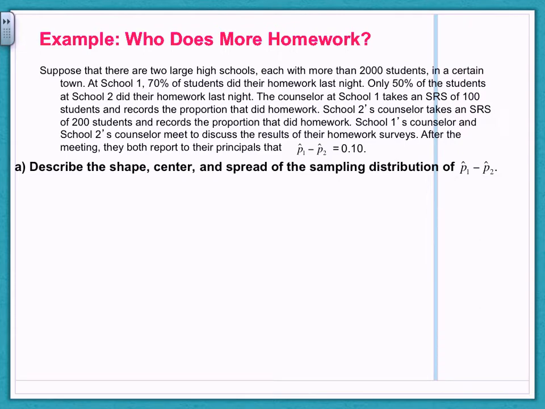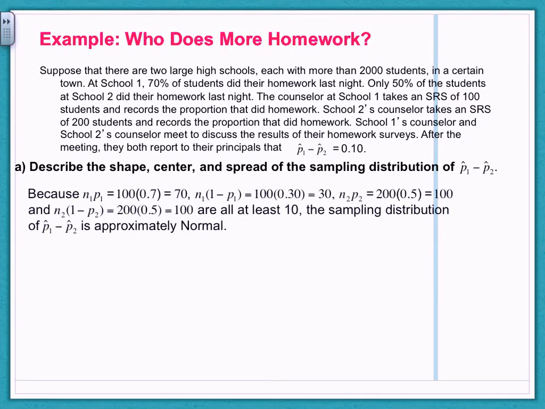Let's first describe the shape, center, and spread of the sampling distribution. The number of expected successes is 70 for school 1. The expected fails for school 1 is 30, so both of those are over 10. Now I have to check the same condition for school 2. The expected successes for school 2 is 100, so the expected fails would also be 100.